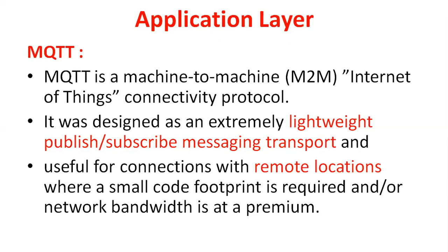For sending messages from client to server, IoT devices use a different model. The publish-subscribe model is one type of model for communication. It is useful for connections with remote locations where a small code footprint is required and network bandwidth is at a premium. That is MQTT.